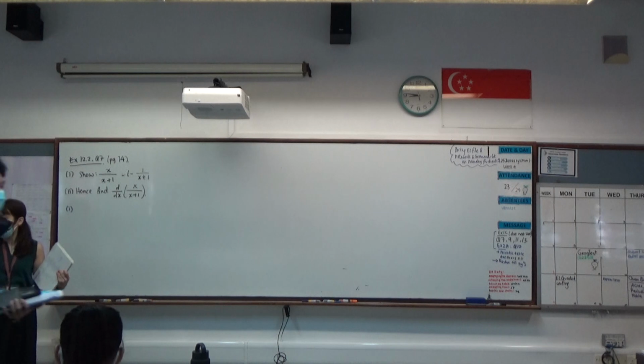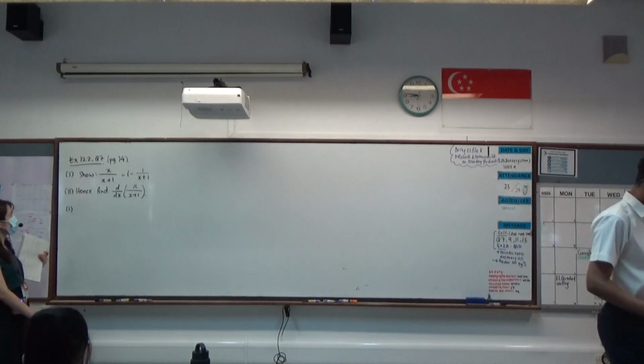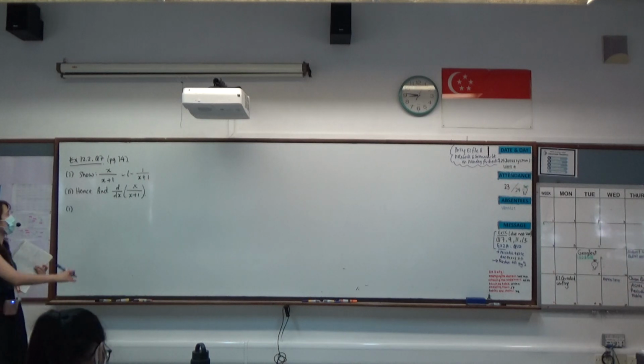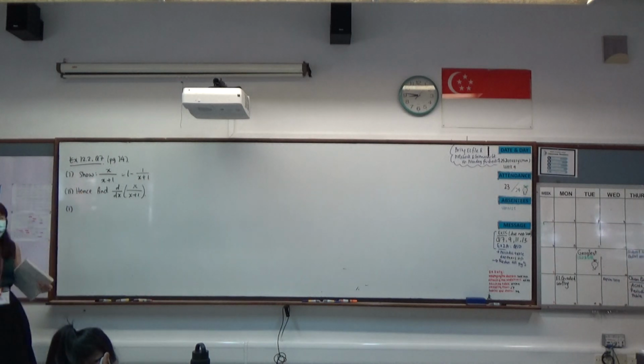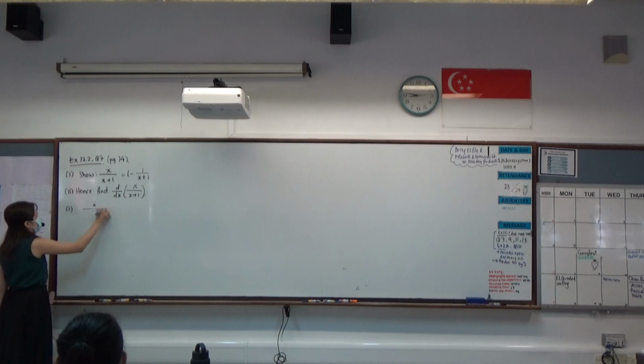Okay, please settle down. How do you think we can actually go about showing this? Does it remind you of anything for x over x plus 1?